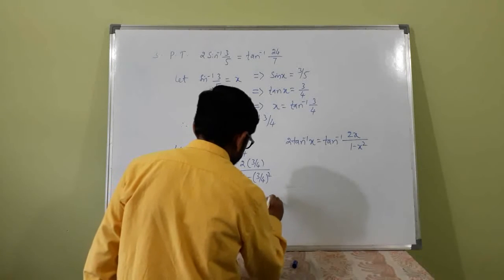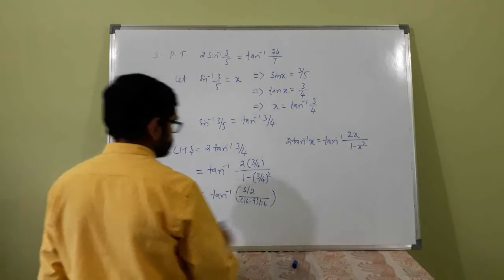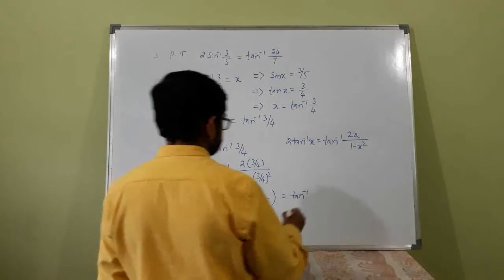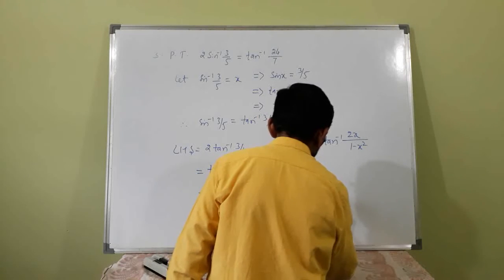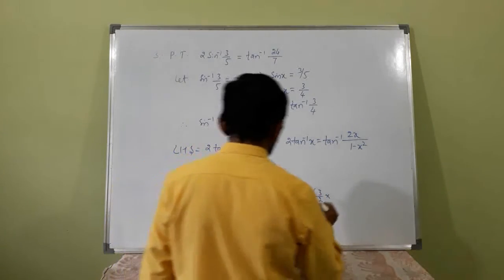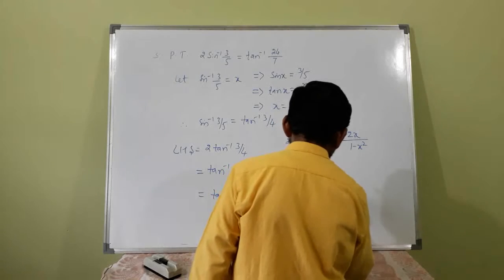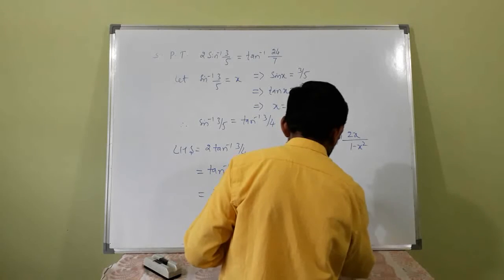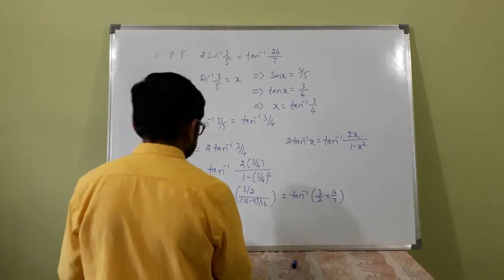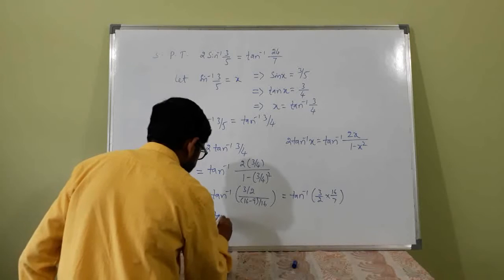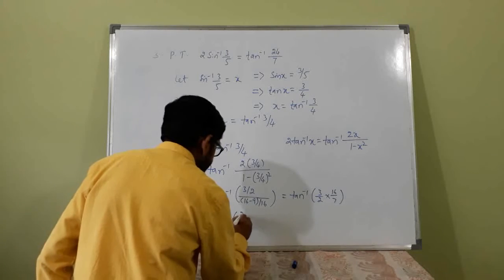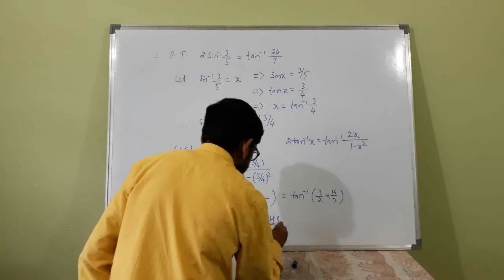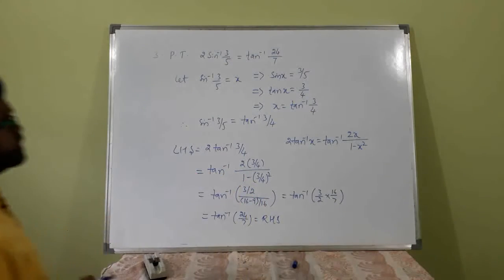Okay, so this is tan inverse of 3 by 2 into 16 by 7. Two on the 2 edge, that is equal to tan inverse of 24 by 7, that is the required RHS.